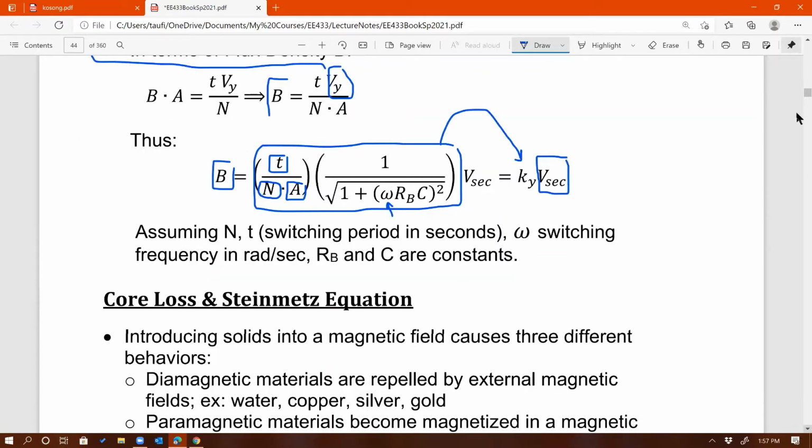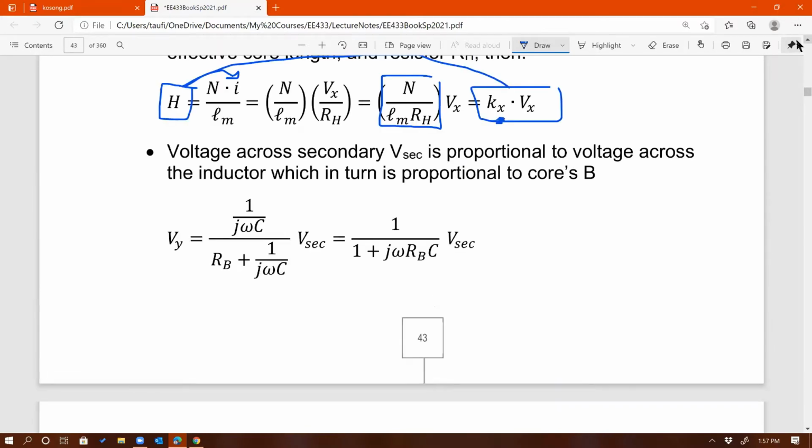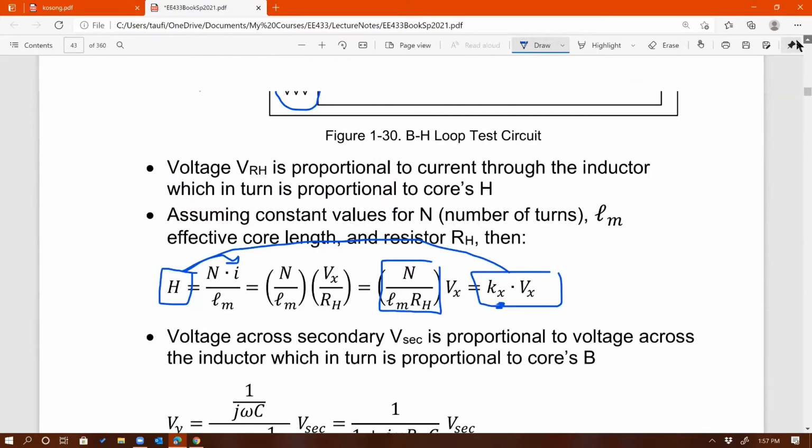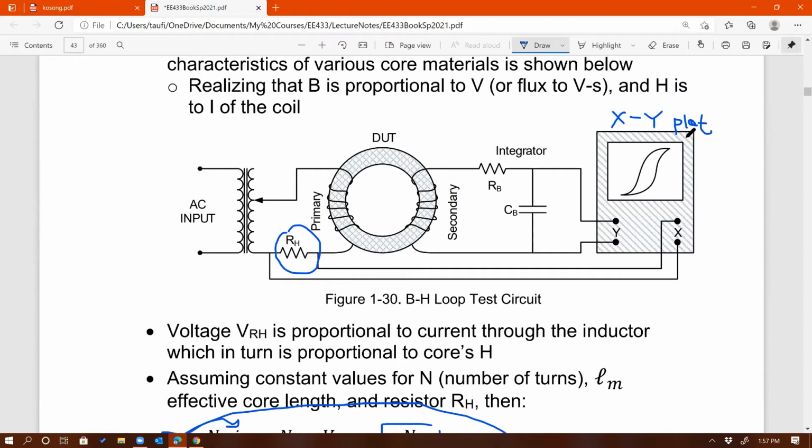Any questions? Keep in mind that this is a circuit that you could implement in the future if you ever need to characterize a magnetic core yourself. Plus the experiment that we'll be doing, I can't recall, is it the second or third experiment? That's another circuit that you can learn from this class in order to characterize a magnetic core.